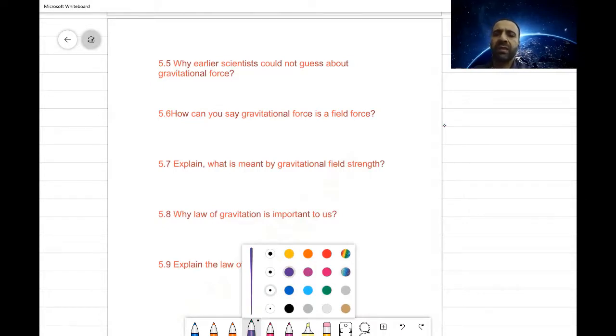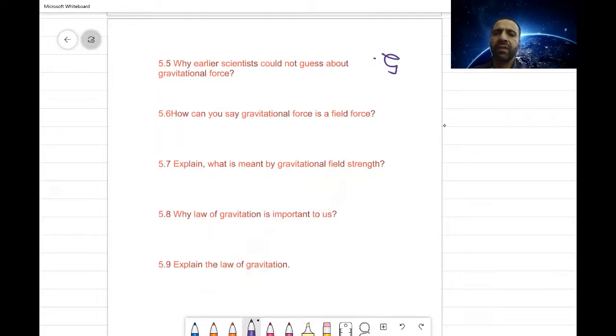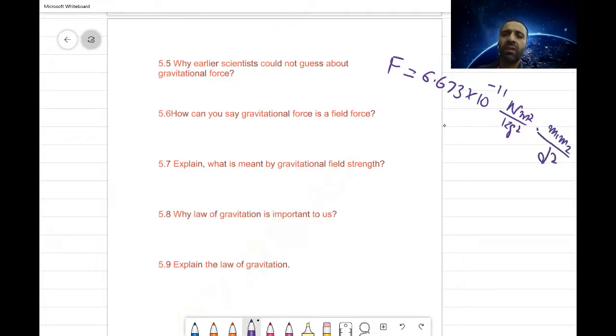The gravitational force F is equal to 6.673 into 10 raised to the power minus 11 Newton meter square per kilogram square into m1 m2 by d square. So this is the most problematic factor. This is extremely small.